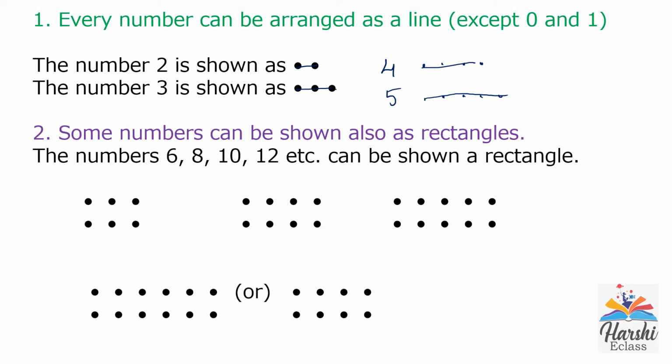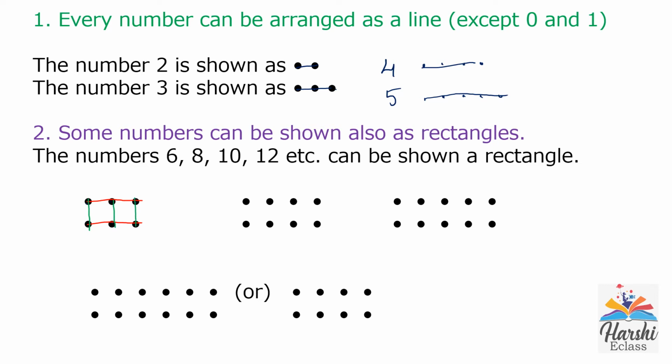First one, 6. How to represent 6 in rectangle form? 1, 2, 3, 4, 5, 6. 6 dots are there. These 6 dots are arranged in rectangle form. There are 2 rows and 3 columns. 1, 2, 3.